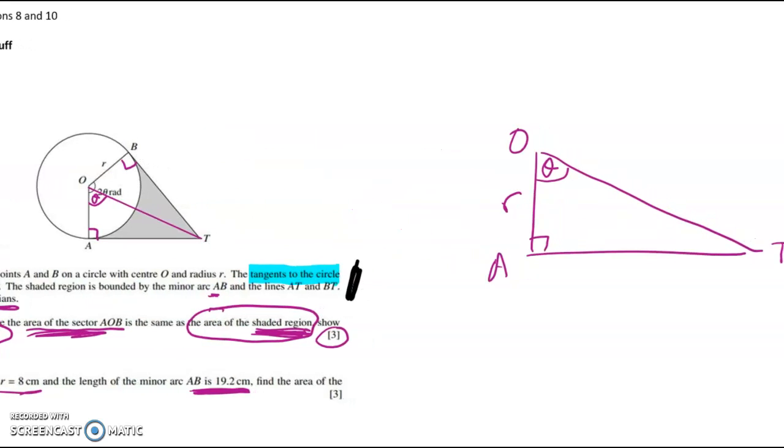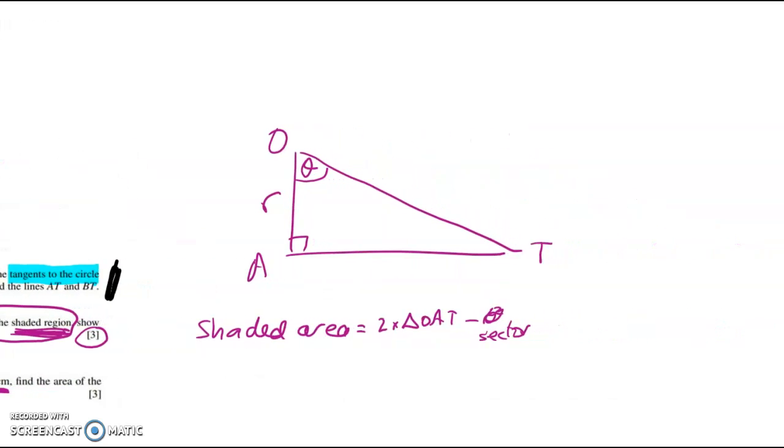So shaded area is going to be 2 times triangle OAT minus the area of the sector, which is r squared times theta. So this area here, I'm just going to put sector. Right, what can I say about triangle OAT?